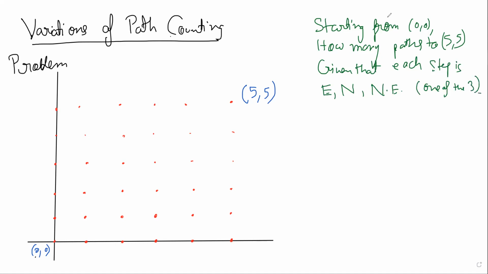By east, obviously, and northeast, these 3 moves are allowed. And so how many different paths can you trace out is the question.